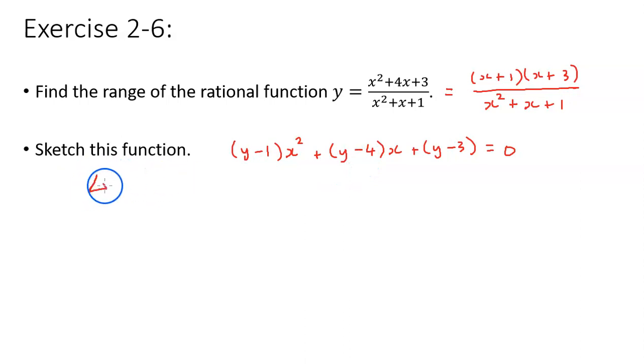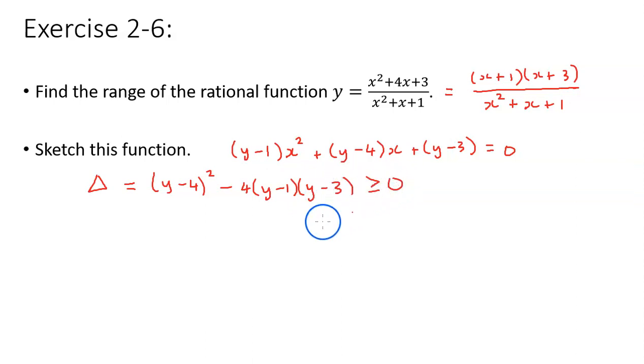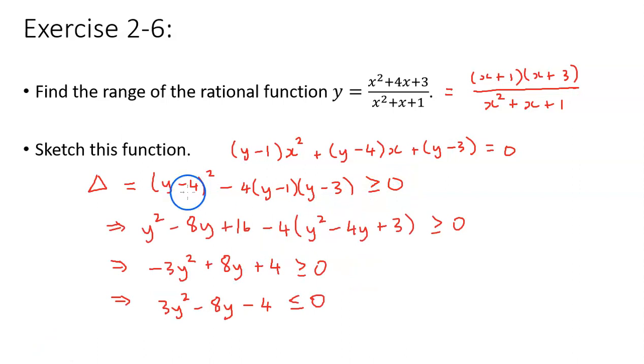So delta, our discriminant, is equal to y minus 4 squared minus 4 times y minus 1 times y minus 3. And we need this to be greater than or equal to 0. This is just the working that requires expanding everything out. And we end up with the quadratic 3y squared minus 8y minus 4 needs to be less than or equal to 0.